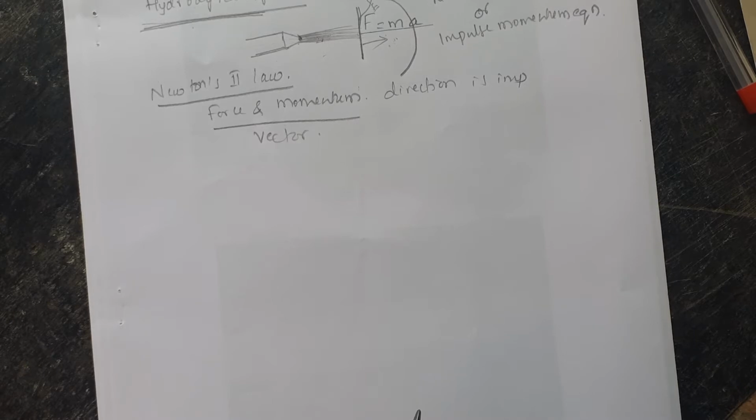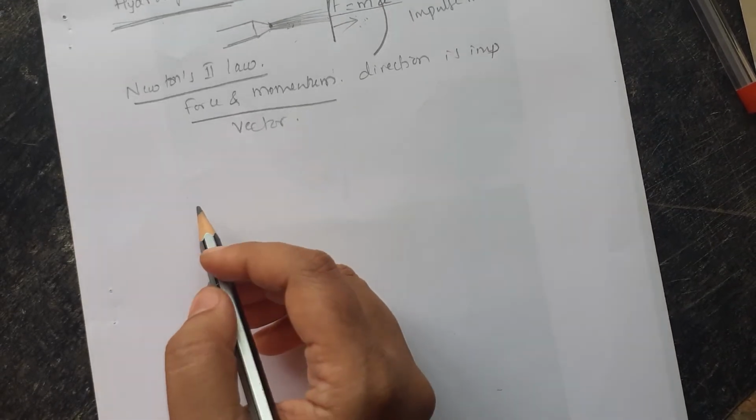The rate of change of momentum of a body is directly proportional to the magnitude of the applied force, and it takes place in the direction of the applied force.